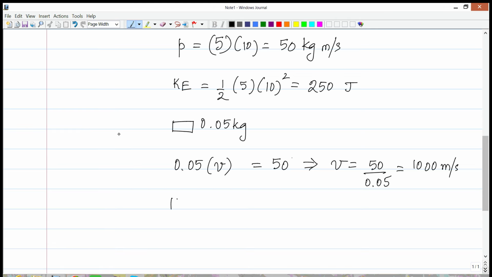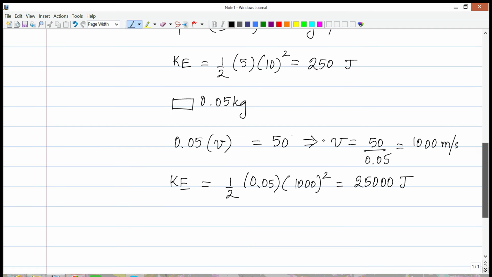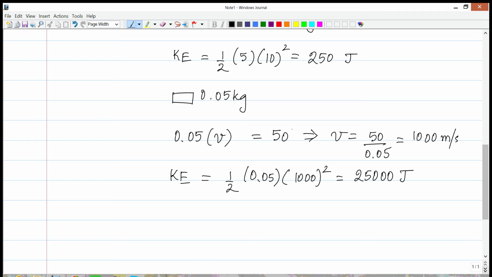Let's also try to see how the kinetic energies play out. Let's find the kinetic energy of the lower block. Kinetic energy is equal to 1/2 times m, which is 0.05, times now 1,000 squared, and this will end up being equal to 25,000 joules. So what you notice is that two objects can have the same momentum.